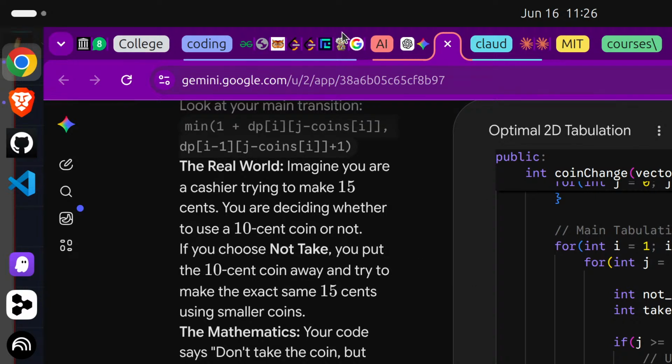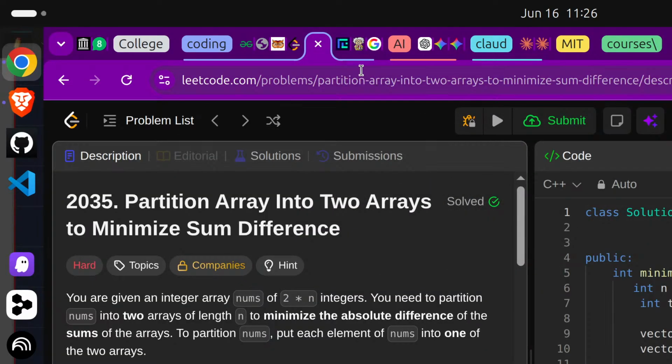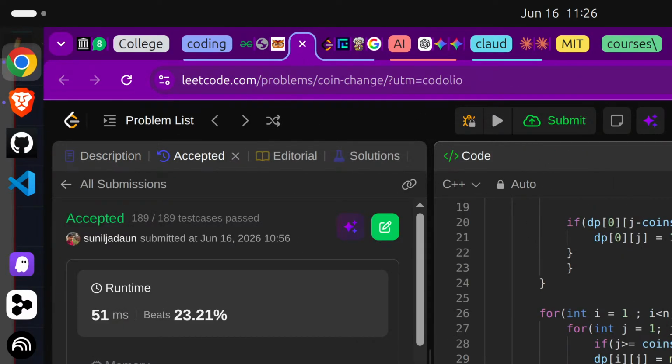Okay, now I understand what he is saying. Take equal to 1, you cannot take, it is dp of i minus 1 comma j. Directly we can give this, right?